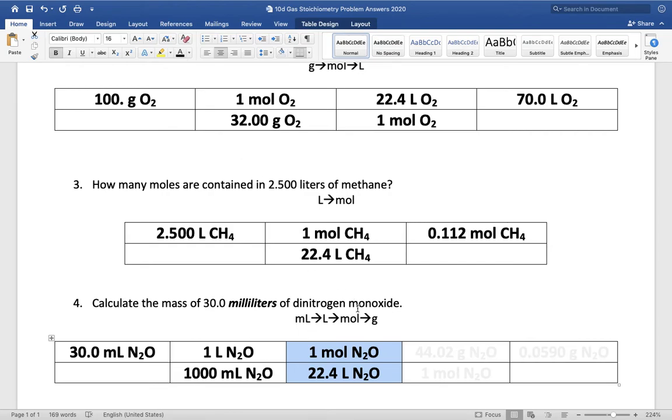I can then go to the periodic table, and dinitrogen monoxide would be 14.01 plus 14.01 plus 16 to give me a molar mass of 44.02 grams. So punching this into the calculator, that's 30.0 divided by 1,000 divided by 22.4 times 44.02 to give me a final answer of 0.0590 grams of dinitrogen monoxide.